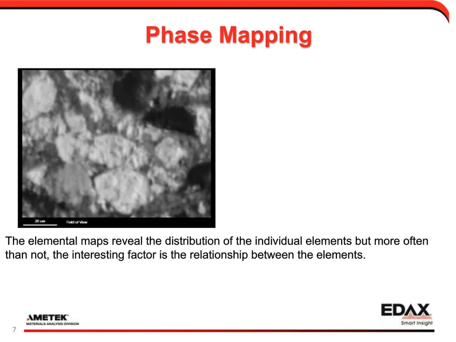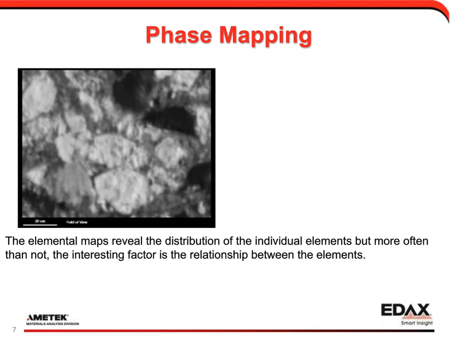As I pulled up the different maps before, I could start to see that, oh, this particle in the lower left is high in sulfur, but there's no barium, as opposed to the other brighter particles that have barium and sulfur. So we could do all these overlays and try to figure out what's the composition and how these different elements relate to the different particles.